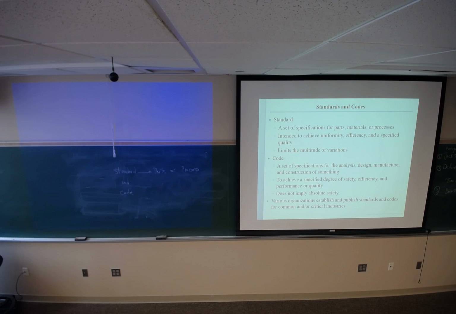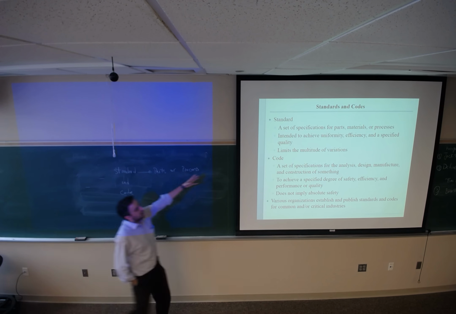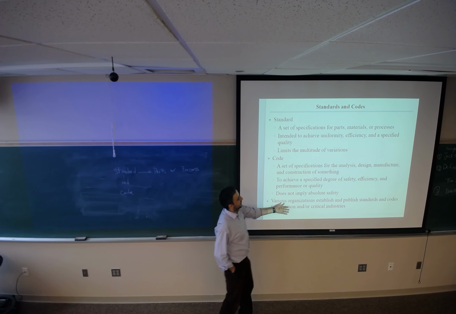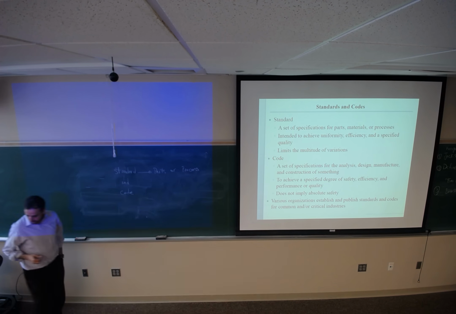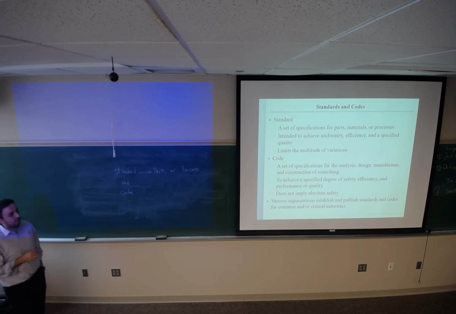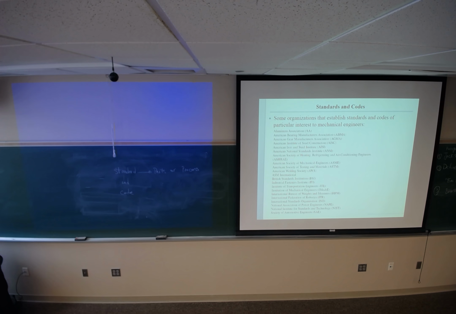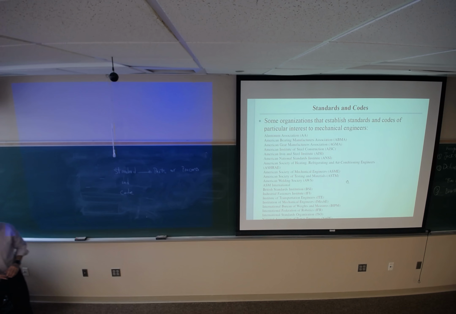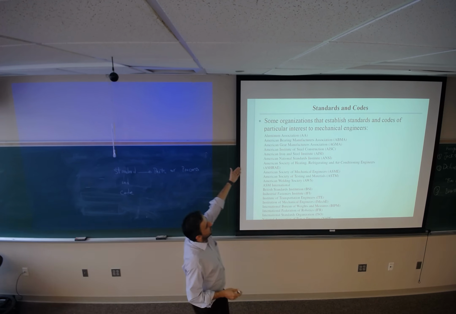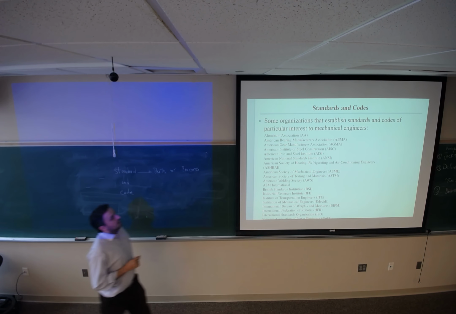And who is going to publish the codes and the standards? There are various organizations. They publish the standards and the codes for the common industry or critical industry. These are some examples of organizations publishing the codes and the standards.